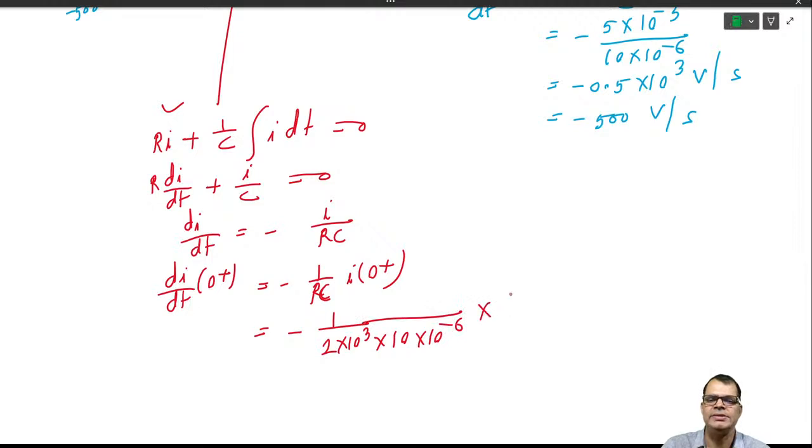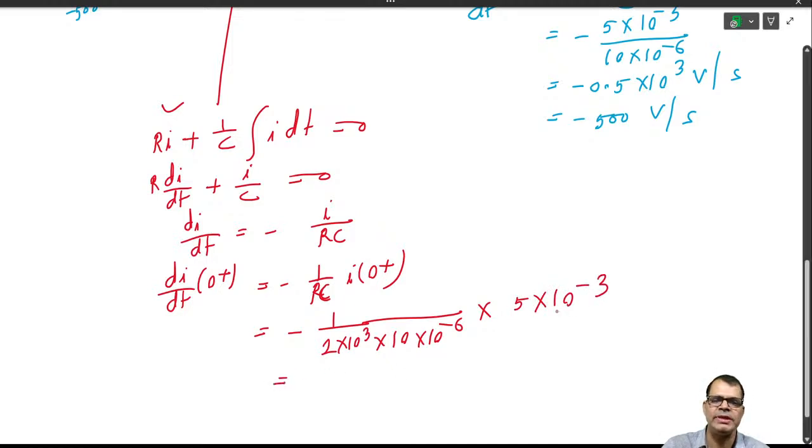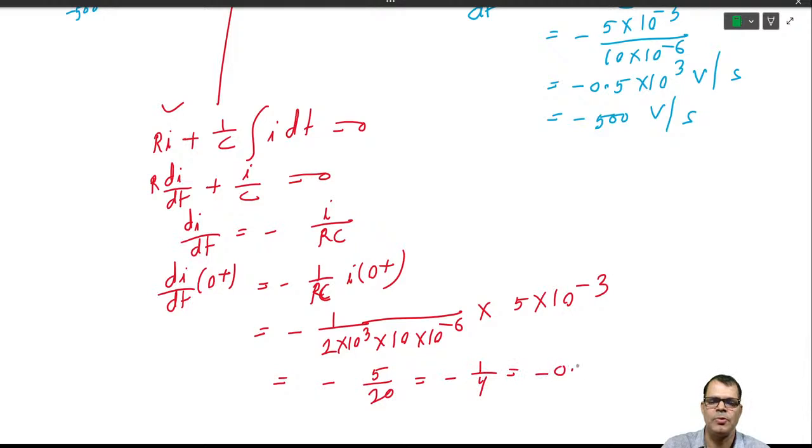And I at 0 plus is 5 milliampere, so 5 into 10 to the power minus 3. So ultimately you will get minus 5 upon 20, that is minus 1 upon 4, that is minus 0.25 ampere per second.